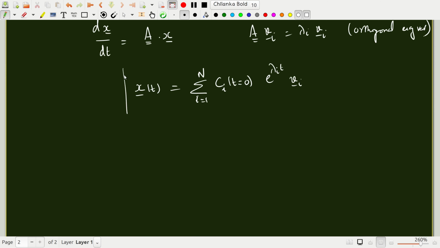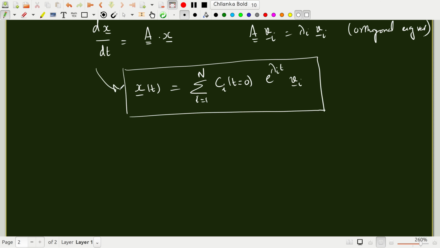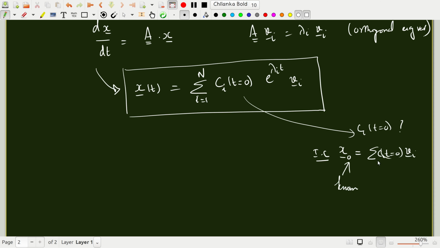Okay, this is the solution for this differential equation. How are you going to find Ci at time t equal to 0? It is nothing but the initial condition x naught, which is also known, expanded in terms of Vi. Okay, so that's how one finds it, because this is known, you can find Ci from this expression.